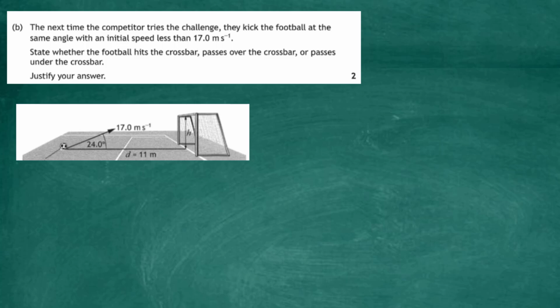Now, at the start of the problem, we had this situation here. We had the ball being kicked at 17 meters per second at an angle of 24 degrees to horizontal. And that provided us with these components, horizontal component and vertical component. Now if you kick the ball with a smaller velocity, which is this situation here, you can see quite clearly you're going to get a smaller vertical component and you're going to get a smaller horizontal component. Now what does that mean overall then?